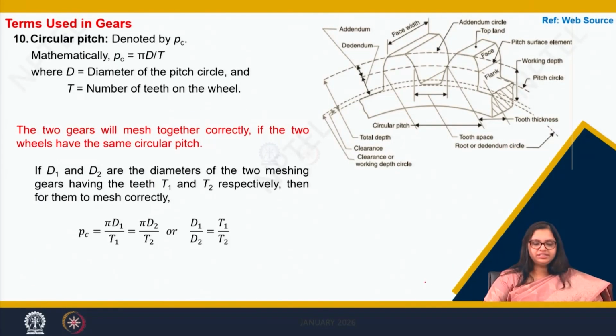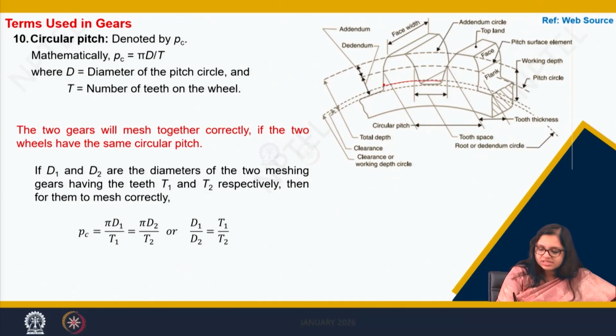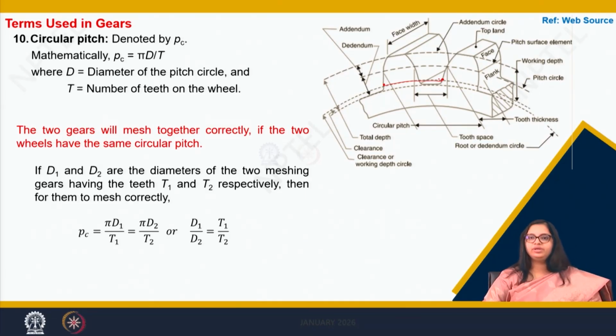Now, coming to the 10th term, that is the circular pitch. So, what do we understand by circular pitch? It is the distance on the pitch circle from a point of one tooth to the same point on the other tooth. So, how do we get it? Let us say we have t number of teeth and we know the circumference of this pitch circle is pi d.